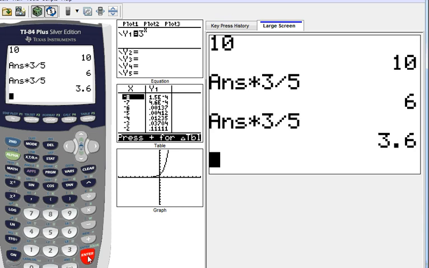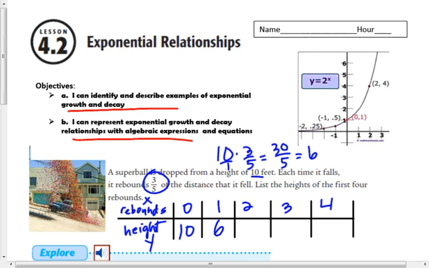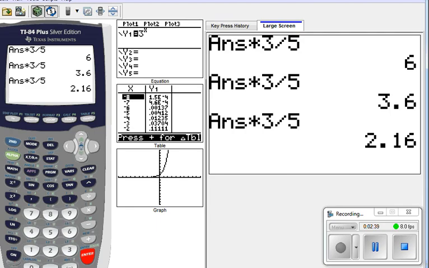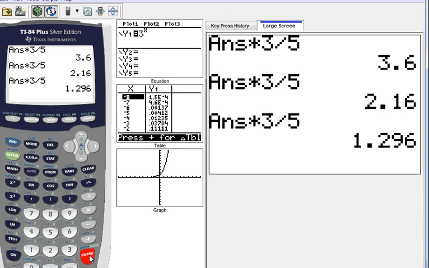And then if I hit enter, multiplying that by 3/5, I get 3.6, 2.16. And then the 4th rebound is 1.296. Let's just round that to 1.3.